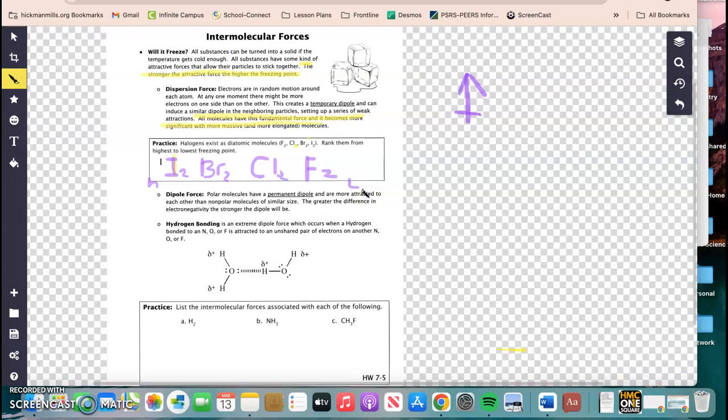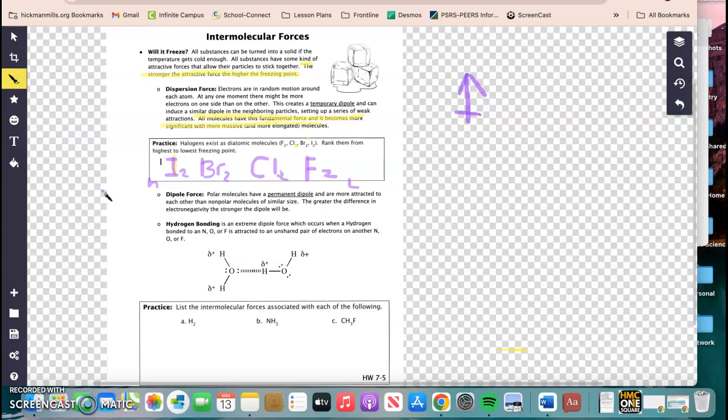All right, now let's look at the next two. A dipole force just happens within polar molecules. Polar molecules, as we learned, have that overall force, and that is caused by electronegativity. We call that a permanent dipole.